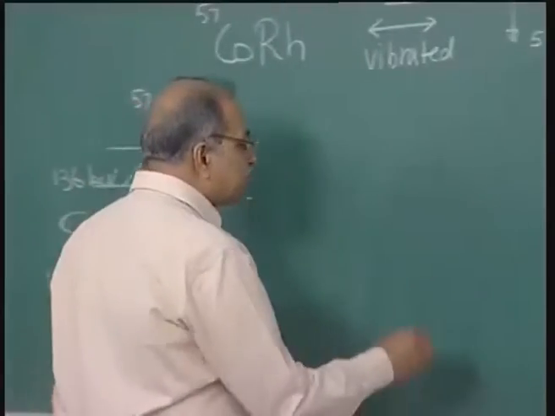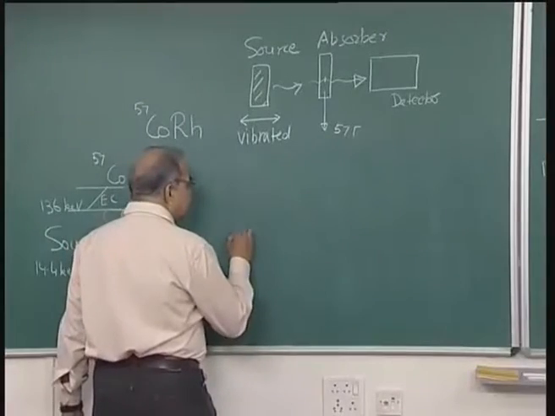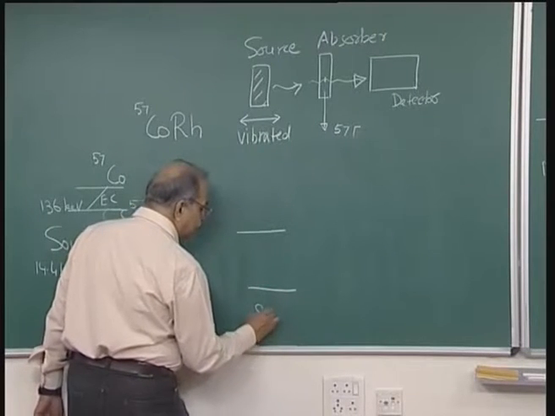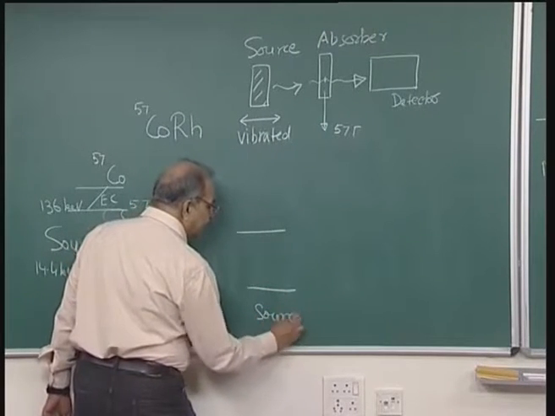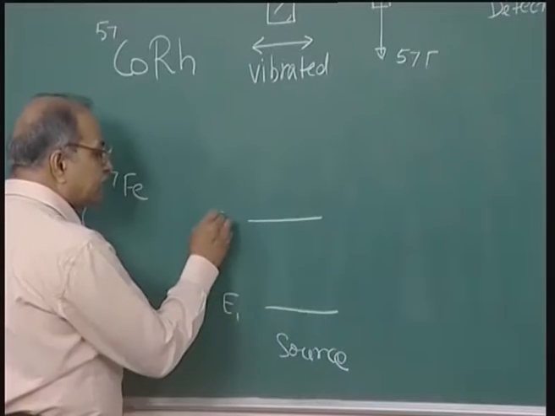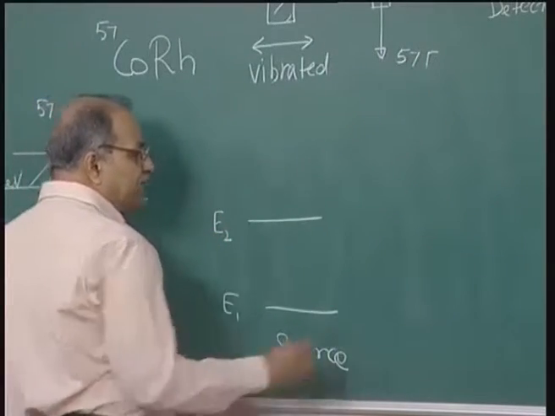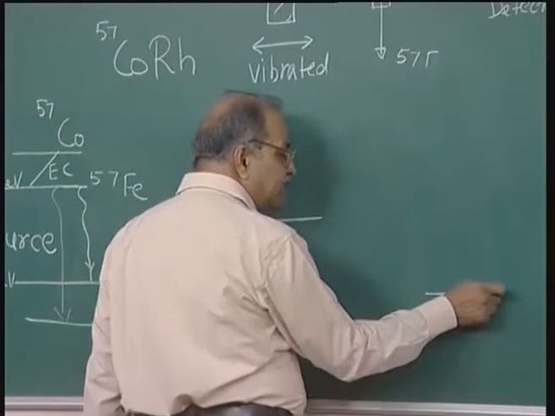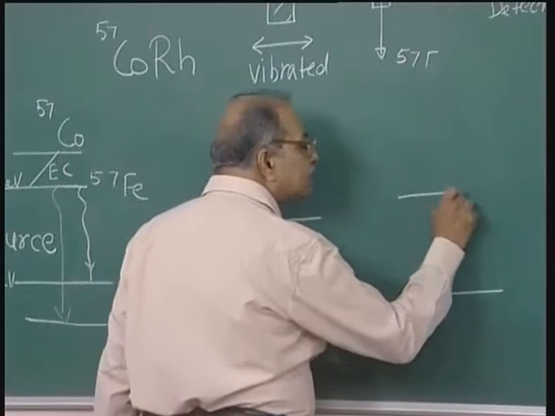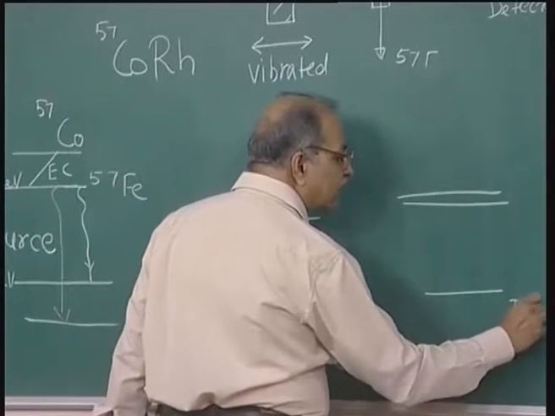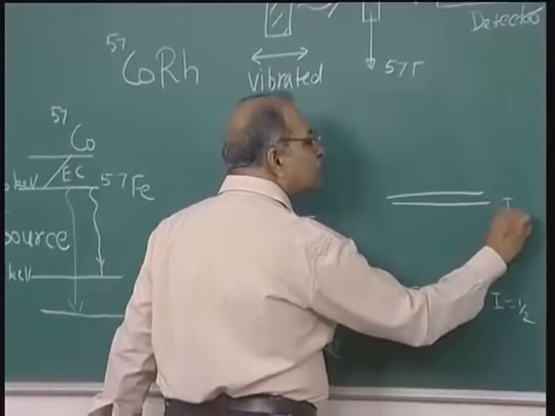So, in that kind of situation you have this is the source, these are the energy levels for the source, E1, E2 you can say, and for the absorber you have iron 57 energy levels here and then here. This is I equal to half and this is I equal to 3 by 2.